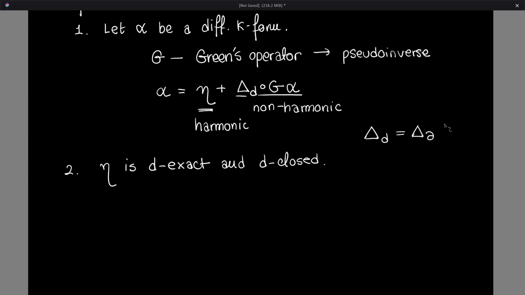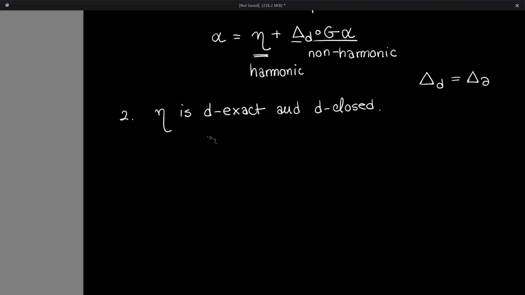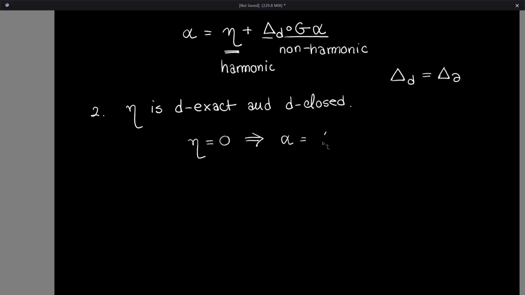And therefore, if it's partial closed, it has to be d closed. And so this means that eta must be equal to 0, which implies that alpha is equal to delta d G alpha. So there is no harmonic part. Only the non-harmonic part remains.